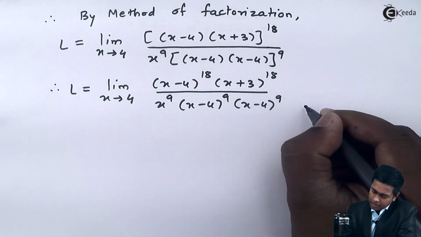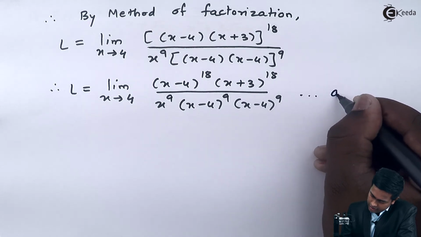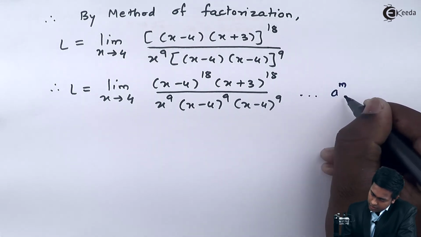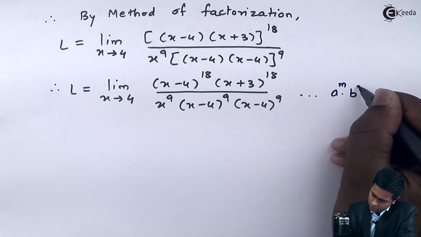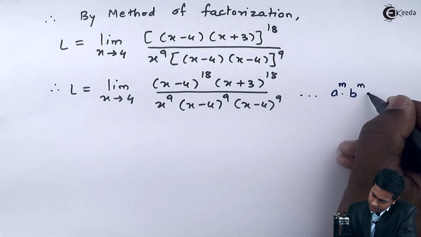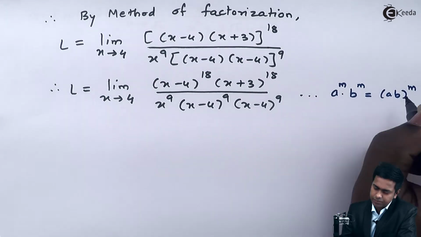Here I am applying the formula of law of indices, that is a^m into b^m is equal to (ab)^m.